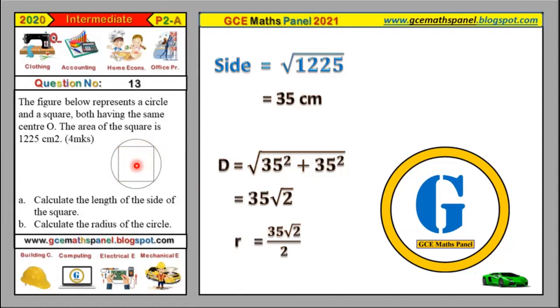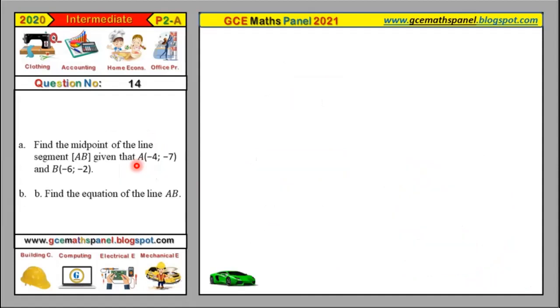Question 14. Find the midpoint of the line, given that A equals that and B equals that. So the midpoint of a line, as we know, just means the middle. And the midpoint of the line is given by the average of the x components, that's 4 plus minus 6 divided by 2, comma, the average of the y components, minus 7 plus minus 2 on 2.